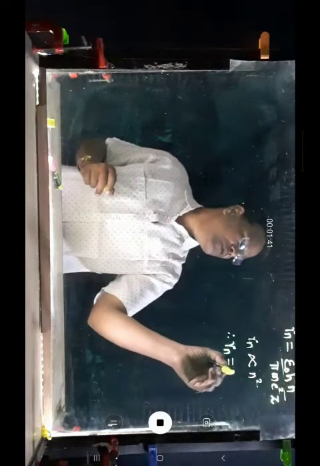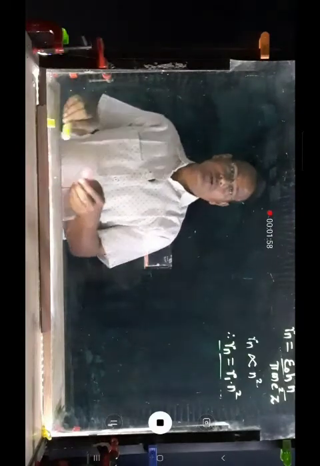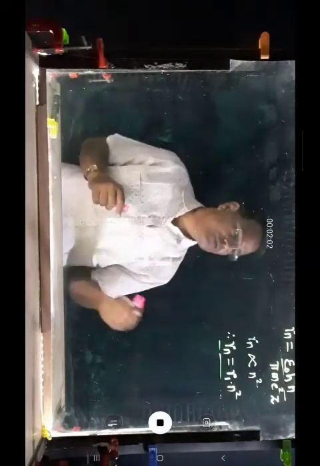Also the radius of any Bohr orbit is equal to r1 into n square. So this is an important relation. Using this radius in another relation, we can obtain the expression for the velocity of the electron in Bohr's orbit. So let us see.